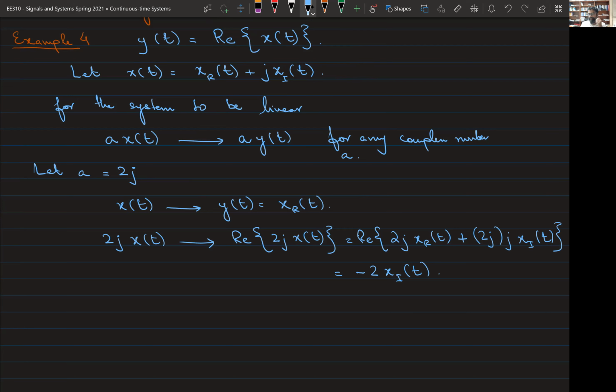Okay, and clearly we can see this is not equal to 2j times xr of t. And therefore, from here we conclude that the system is nonlinear. Okay, because the constant a could be complex.